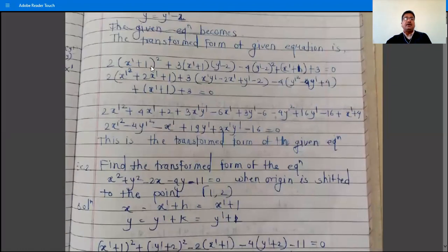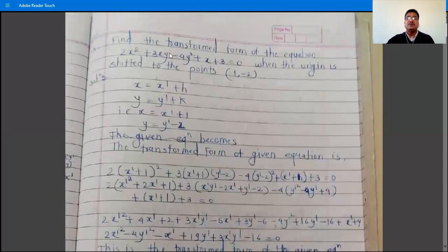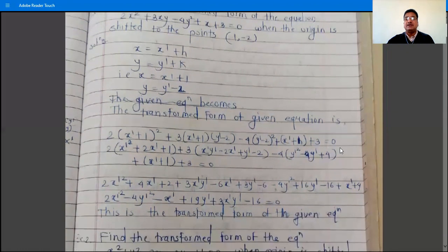What do we have? 2 times (X dash plus 1) whole square, plus 3 times (X dash plus 1) times (Y dash minus 2), plus 4 times... substituting the value of y, (Y dash minus 2) whole square, plus X dash plus 1, plus 3 is equal to 0.